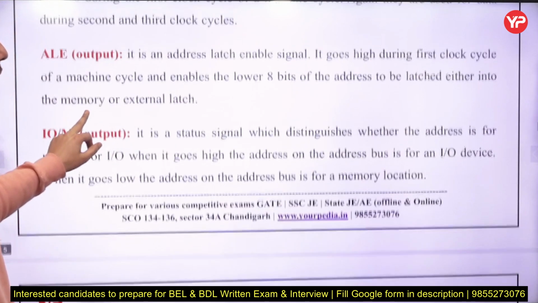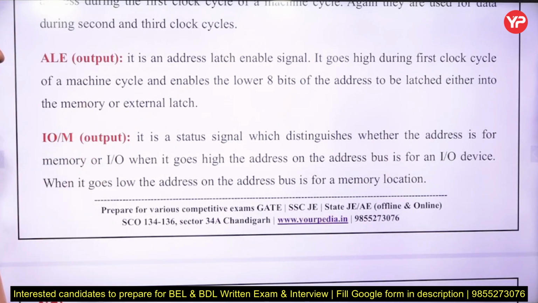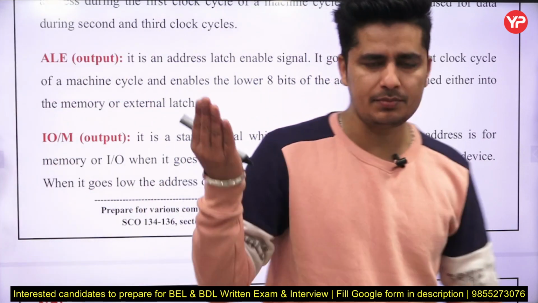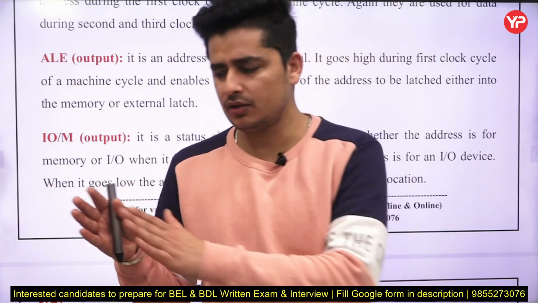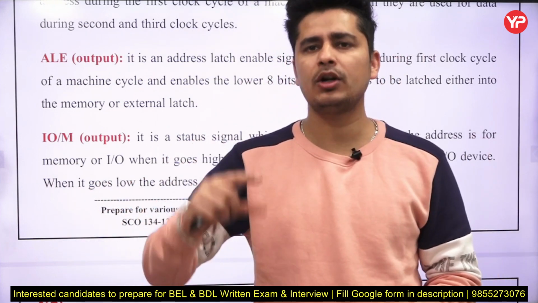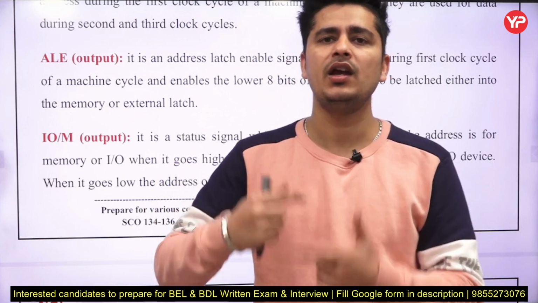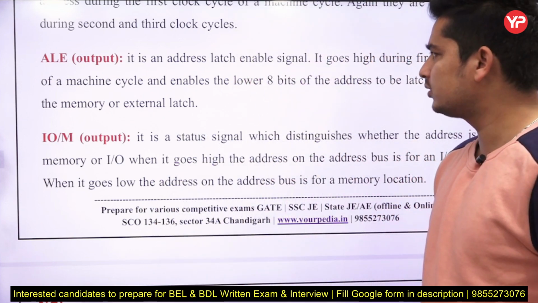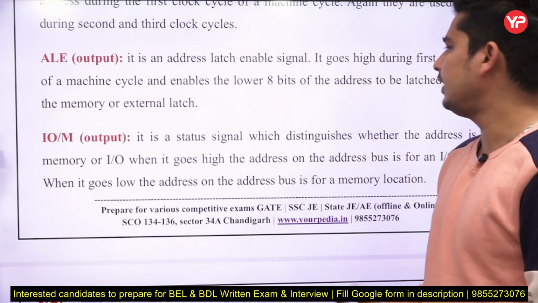Whenever your address latch enable goes high during the first cycle, it shows that the address will be carried by the address bus. It means the lower and upper both are working as an address bus here, right? If it goes low, it means it is working as a data bus.